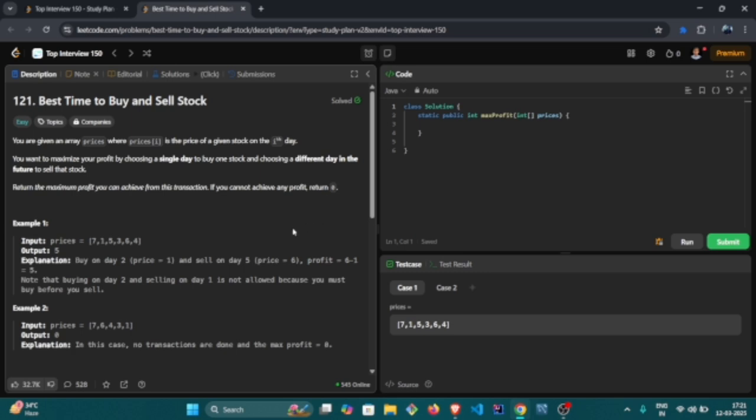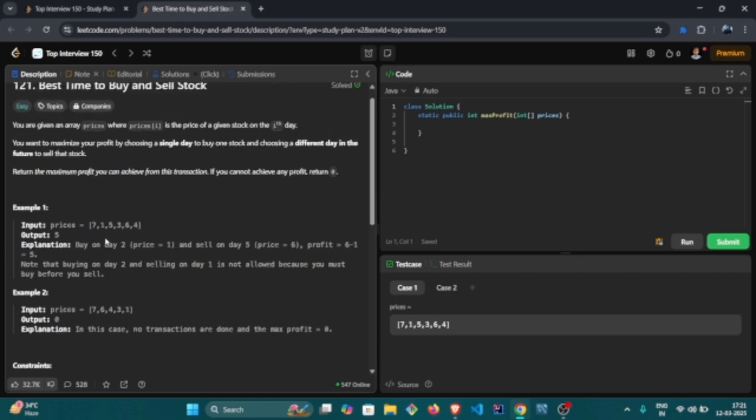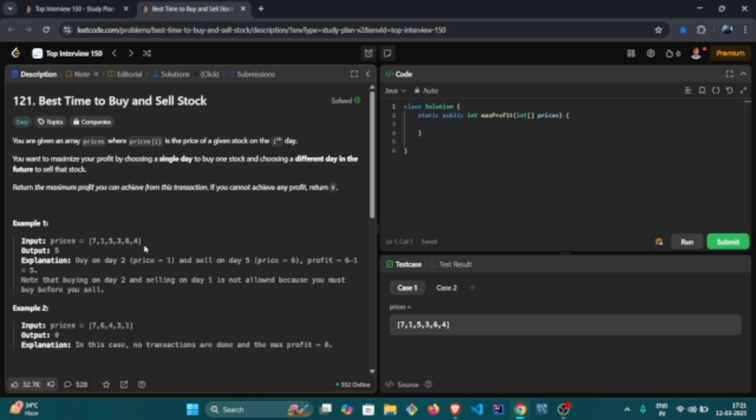But this is a wrong approach, because we have to think about the order, since we cannot sell before buying. If in this example we buy on the second day, then we cannot sell before that buying day. So we have to keep the order in mind, and we cannot sort this array to get the desired output.